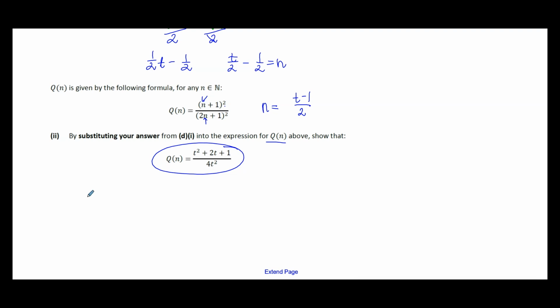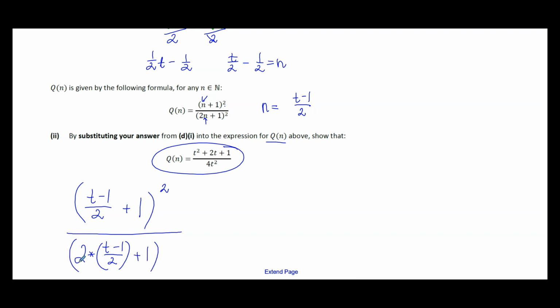So instead of this n, we are putting t minus 1 over 2 plus 1, and that is to the power of 2. And then at the bottom of the fraction, again 2 multiplied, and instead of n, we are putting t minus 1 over 2 plus 1, and that is to the power of 2.